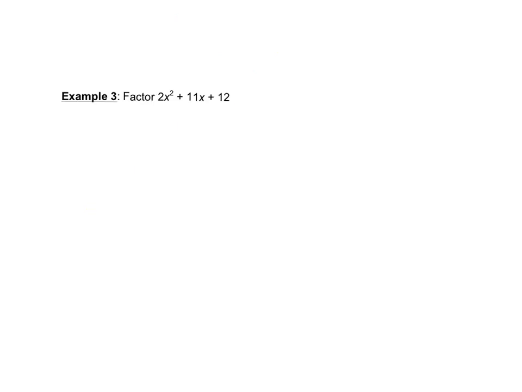Follow the same steps again. So a times c, which is 24. Split the b: two things that multiply to 24 that add to 11, 8 and 3. So I can call that 8x plus 3x. So that doesn't exist anymore. Rewrite my 4 terms: 2x squared plus 8x plus 3x plus 12. Put parentheses so I can do factor by grouping since there were 4 terms. In the first group I can divide both by 2x.